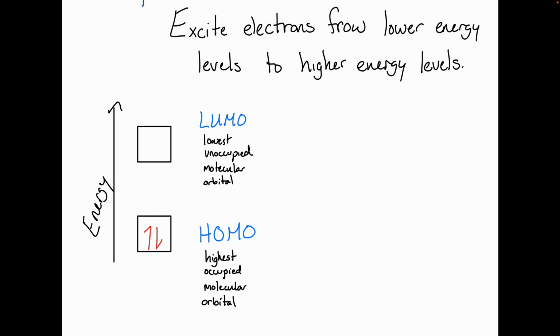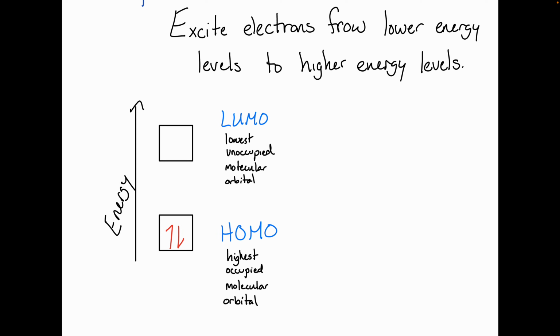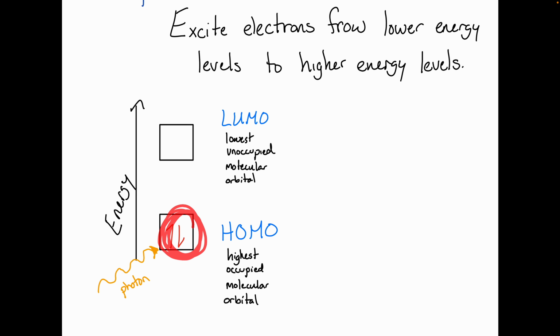All right, we're going to send a photon in here. I'm going to use this little squiggly line to represent this photon that's being shone on my sample. And what's going to happen is that photon's going to get absorbed by this molecule, promoting an electron from this lower energy level, from the HOMO, to the higher energy level, to the LUMO.